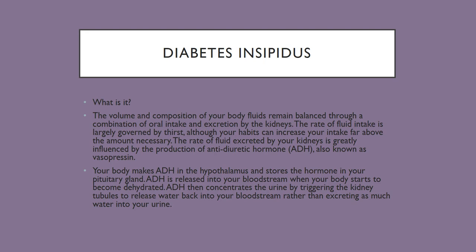So if you aren't drinking enough and you're outside, it's 110 degrees, you're perspiring, your hypothalamus will actually release the ADH in order to constrict your blood vessels so that the blood still circulates the way it should and to keep your blood pressure balanced. ADH then concentrates the urine by triggering the kidney tubules to release water back into your bloodstream. So in order for you to become more hydrated within your vascular system, your kidneys will actually pull the water out of the interstitial space and put it back into your vascular system so that your blood pressure is maintained.